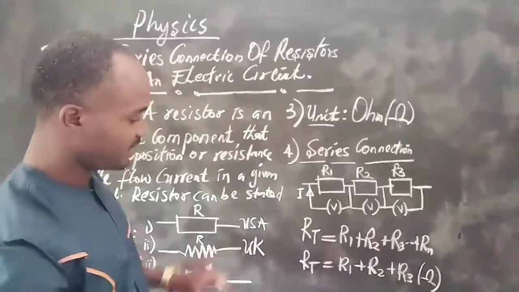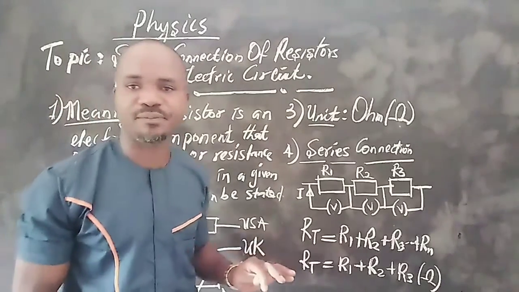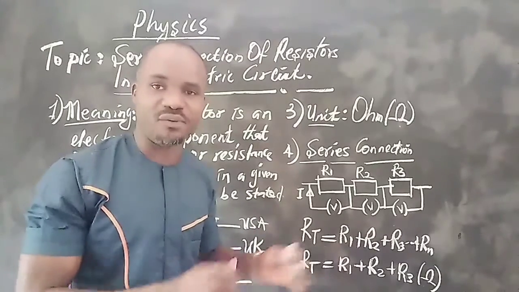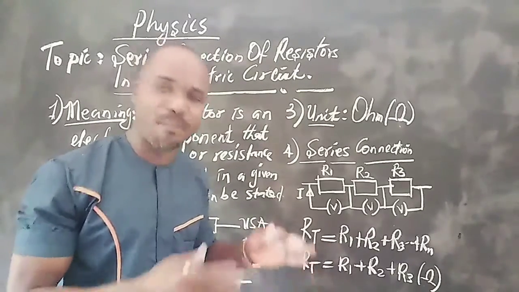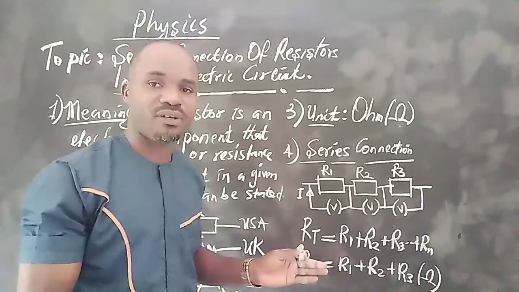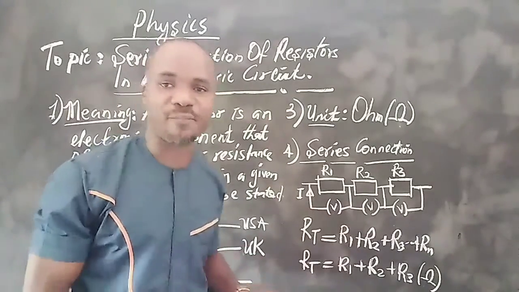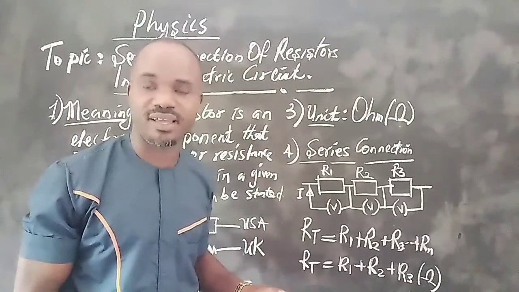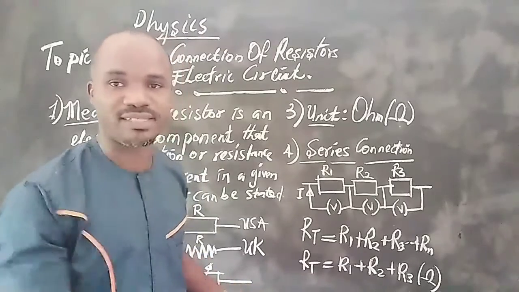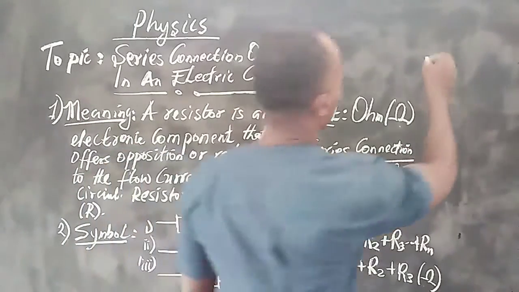Alright, having done that, the next thing we need to consider is what happens when resistors are connected in series. What do you think happens as current flows, as energy is deposited across each of these resistors, as they function in a given electric circuit? Just two things happen. Let's take note of that.